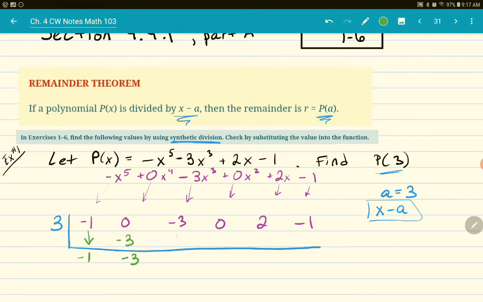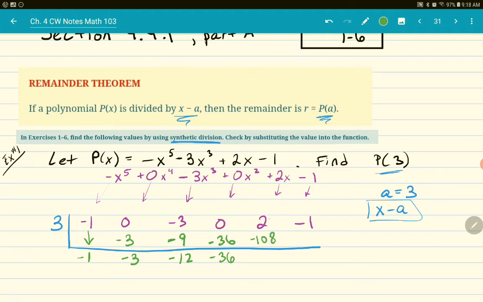3 times -3 gives me -9. And when I add -3 and -9, I get -12. 3 times -12 gives me -36. And when I add 0 and -36, I get -36. 3 times -36 is, let's see, -108.